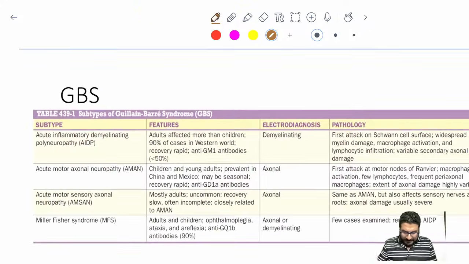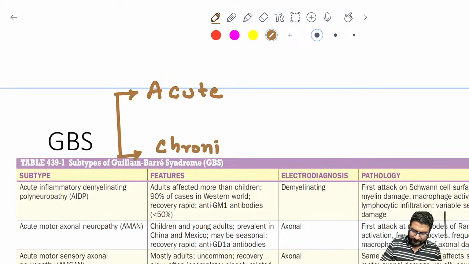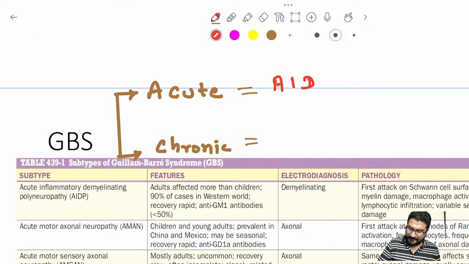Okay, now we have GBS, Guillain-Barré syndrome. We have two varieties: acute type and chronic type. In acute we have four varieties. The most common is AIDP, acute inflammatory demyelinating polyneuropathy.